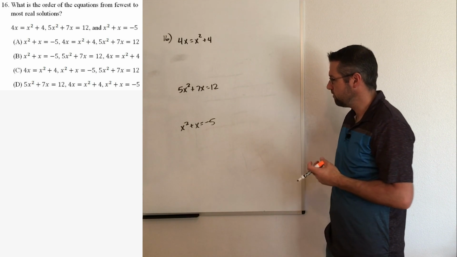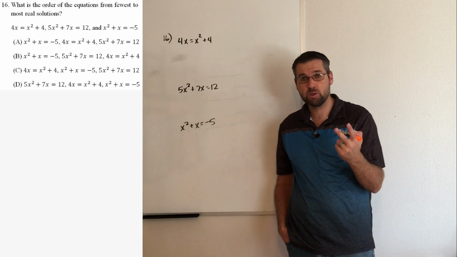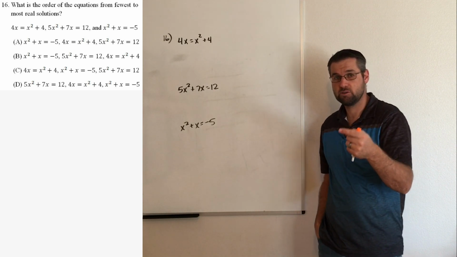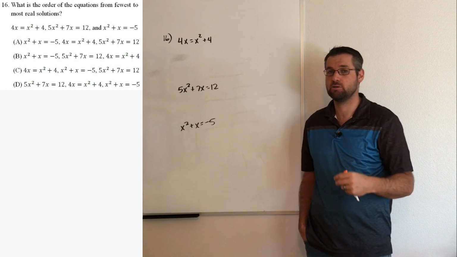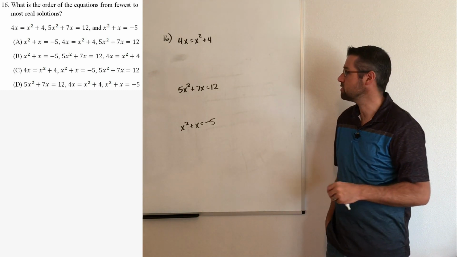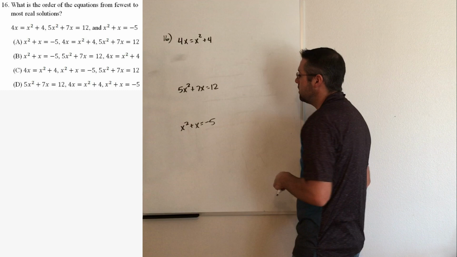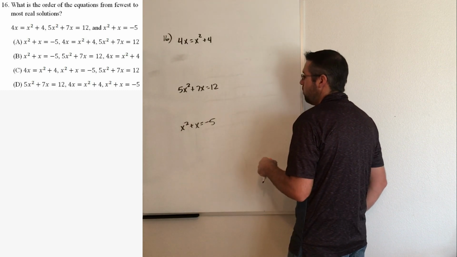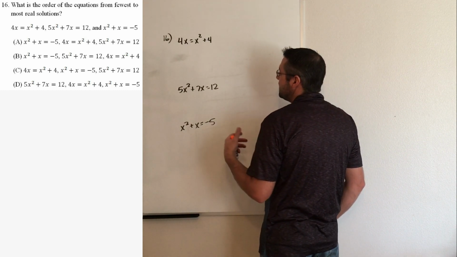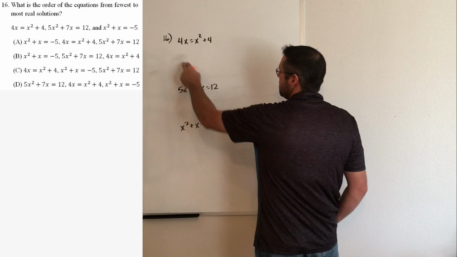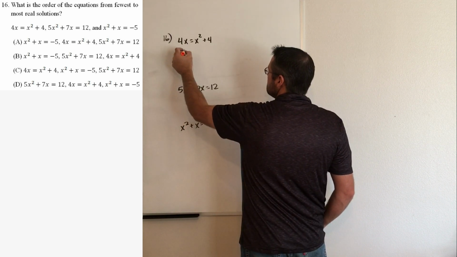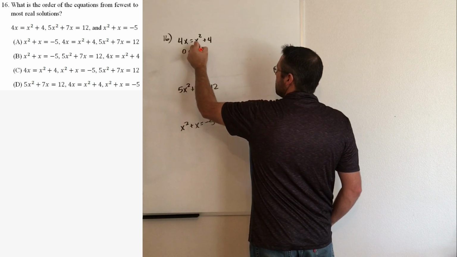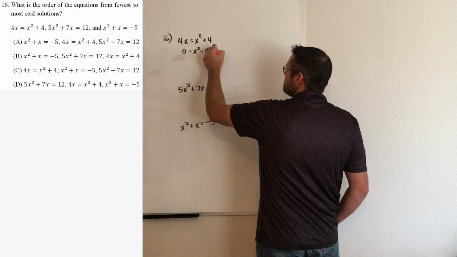Well, logically, you can either have two real solutions, one real solution, or two imaginary solutions, which means you have 0 real solutions. So one of these is going to have no real solutions, and then one will have 1, one will have 2. And again, the way we figure that out is by the discriminant. So we want to get this equal to 0, so it'll say 0 equals x squared minus 4x plus 4.